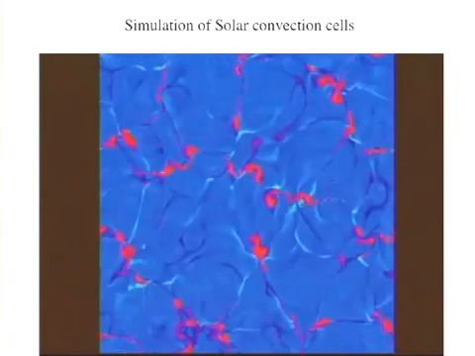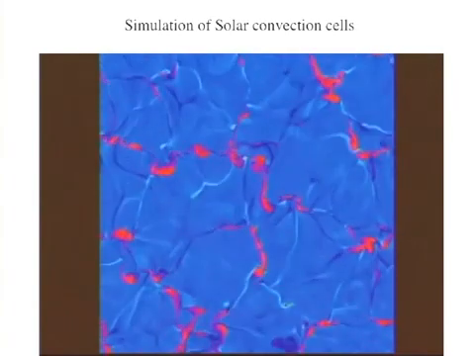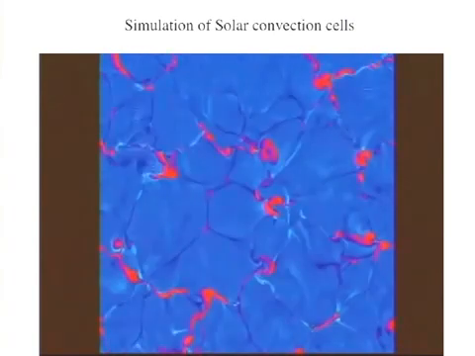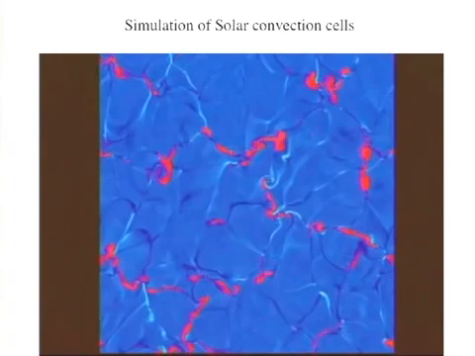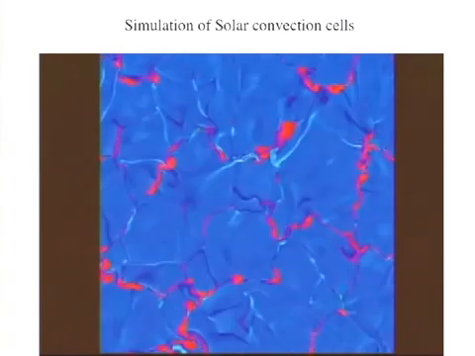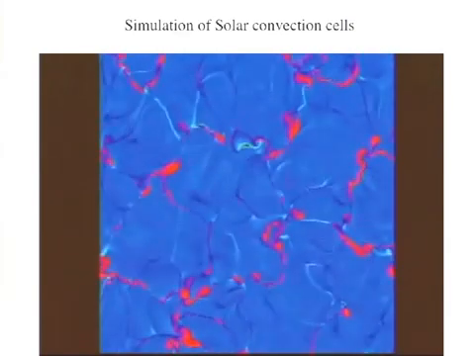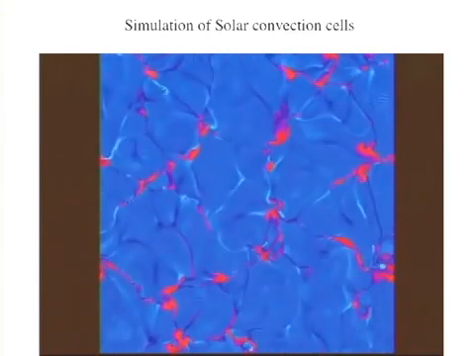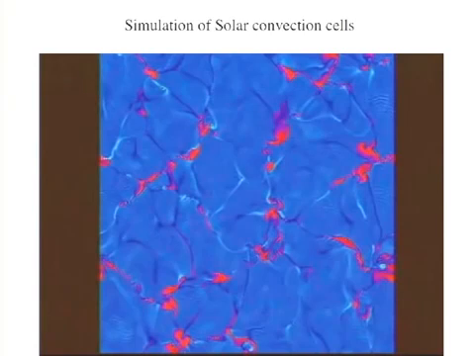All right, well, here they are again. These are the hot spots. The red is the cold spots of sinking material. Solar convection cell. That's what it looks like. The sun is boiling, boiling, boiling all the time. Really beautiful.